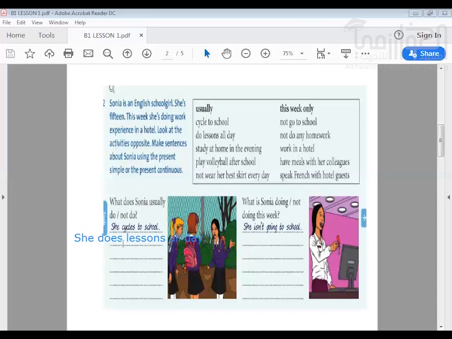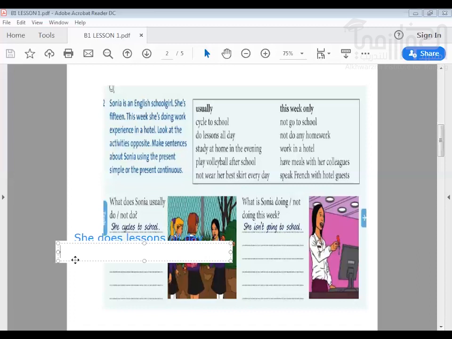Okay, so this is the answer. She does lessons all day. And then study at home in the evening. Yes, study at home in the evening. And don't forget he, she, it, we add S. Okay, so do lessons, study at home in the evening is what? She studies at home in the evening.